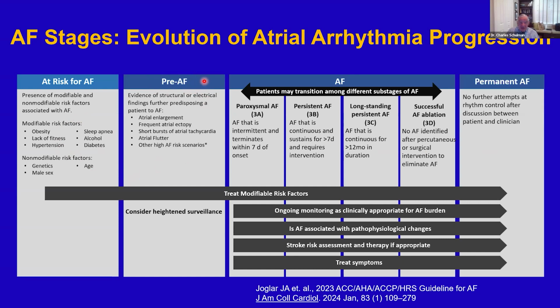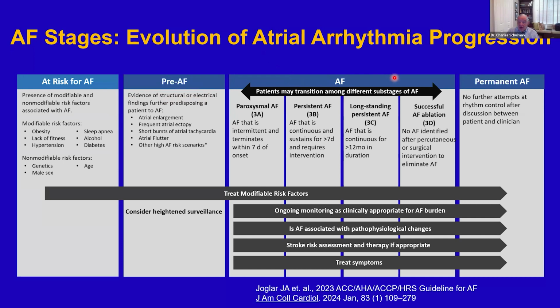That would mean not only risk factors, but evidence of structural or electrical findings that predispose a patient to AFib. Left atrial enlargement, either on an echocardiogram or on the ECG. Frequent atrial ectopy, short bursts of atrial tachycardia, atrial flutter.